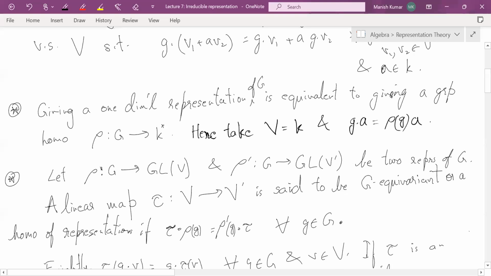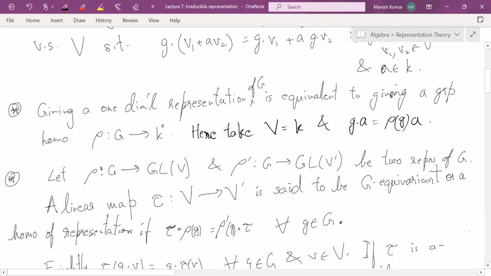If you have an irreducible representation, then there are not too many maps from that representation to itself. They are just scalar multiplication, scalar maps. And you'll see that if you have two distinct irreducible representations, then there are no maps between them. So in some sense, it's a somewhat trivial notion.